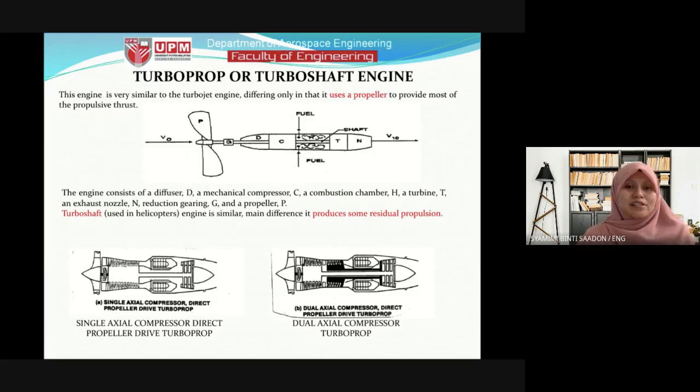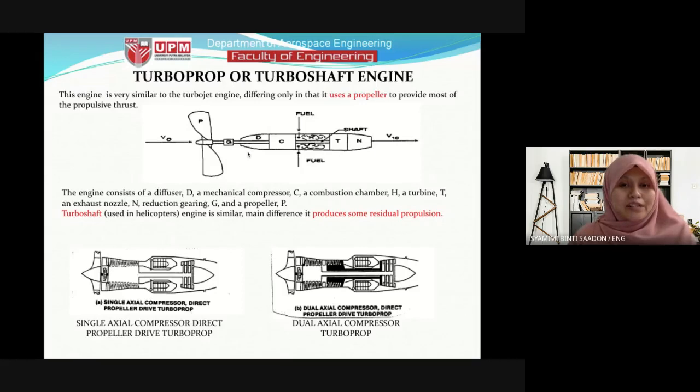These engines are commonly used in helicopters because they have a propeller. It is similar to a turbojet engine, except that we have a propeller in front of the engine to further provide the propulsive thrust.